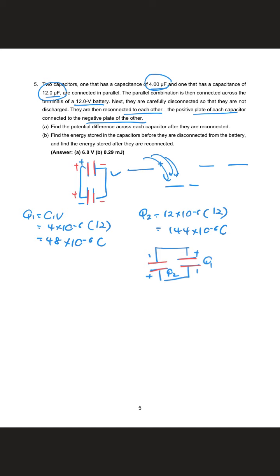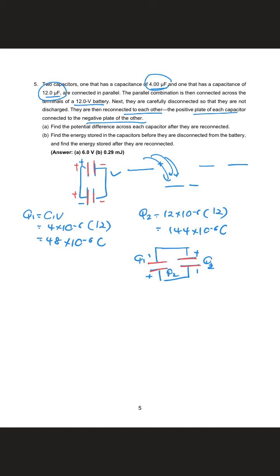Okay, so we are going to use the concept of conservation of charge, because we know that charge cannot be created and cannot be destroyed. Therefore, the net charge before and after the equilibrium is established will be the same value. I'm going to put Q2 here and Q1 here, it's much easier.